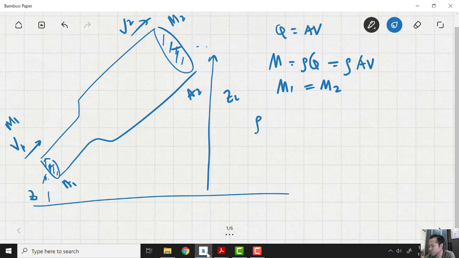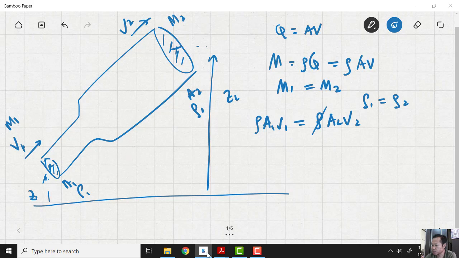So rho A1 V1 equals rho A2 V2. We consider that the fluid is incompressible, meaning it cannot be compressed, so the rho at point 1 is the same as at point 2.